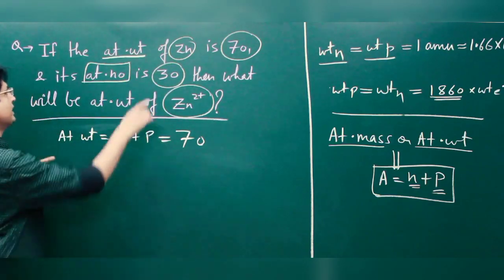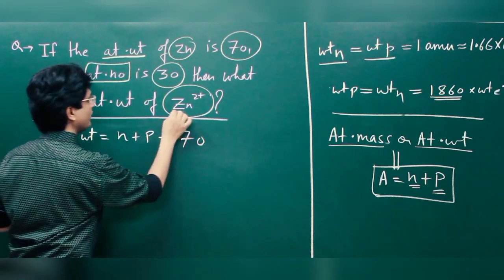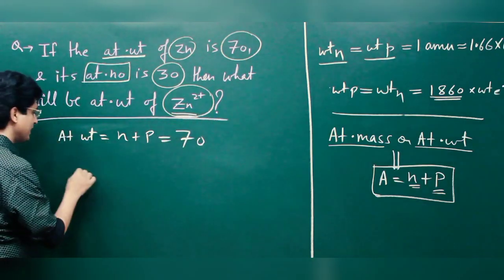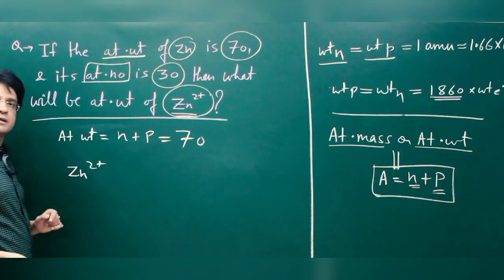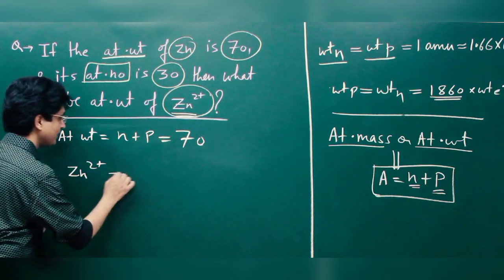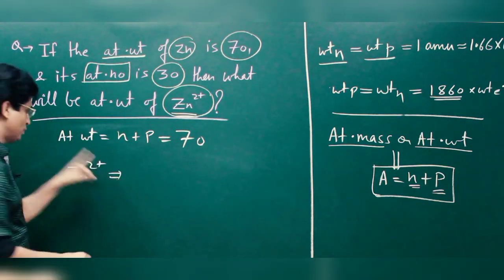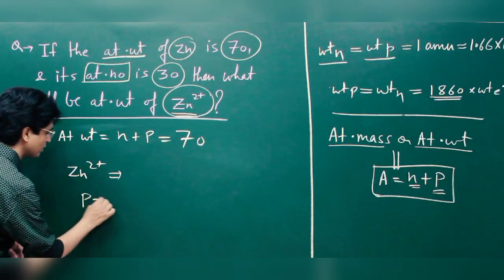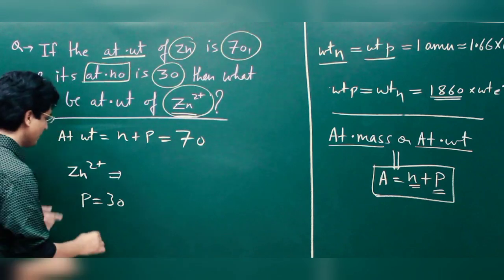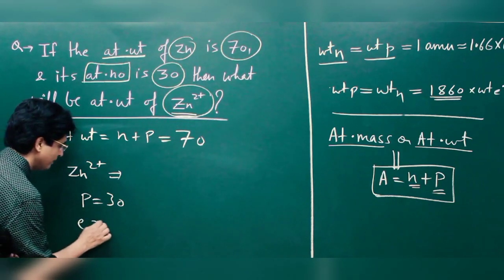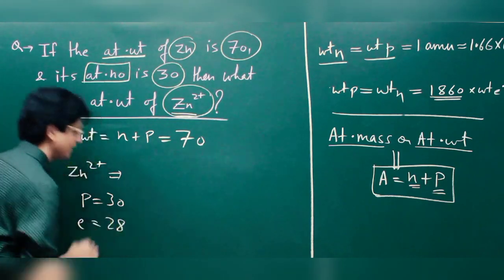Now they are asking what will be the atomic weight of zinc 2+. So when I say zinc 2+, what is the meaning of that? That we have taken out 2 electrons. So the number of protons will be 30 because we are not disturbing the nucleus. But the number of electrons will be how much? It will be 28.